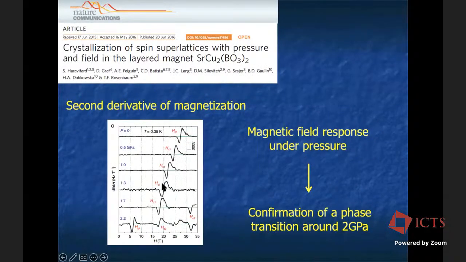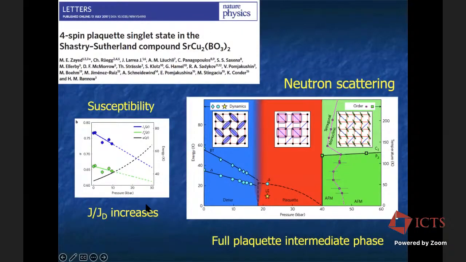These are measurements where the signal is something like the second derivative of the magnetization, and again something very dramatic occurs. There are some neutron scattering experiments showing that again around 2 kilobars there is a phase transition in the system. They suggested that the ground state is actually not the plaquette phase of the Shastry-Sutherland, but another one. But it's a first order transition anyway, which is the most important thing for our purpose.